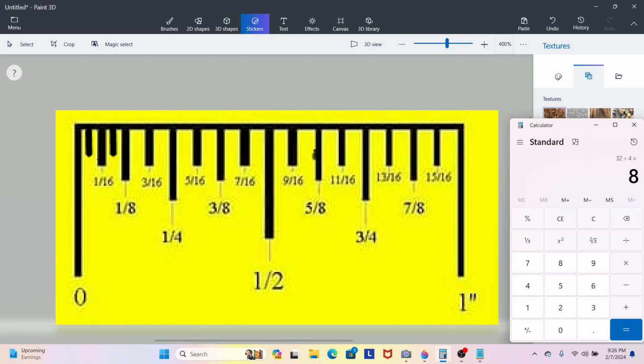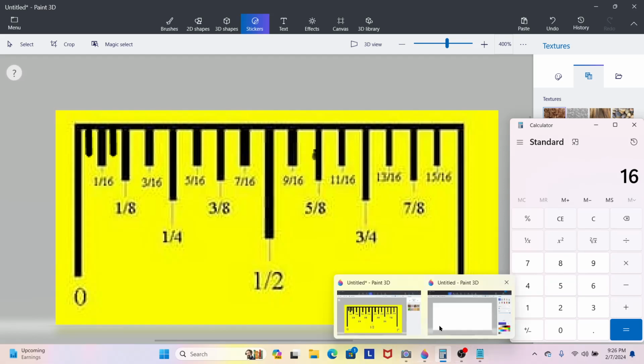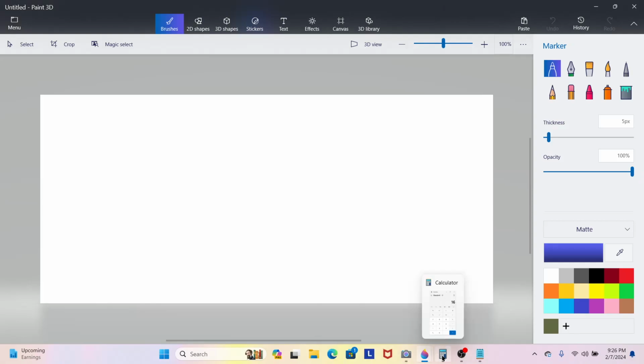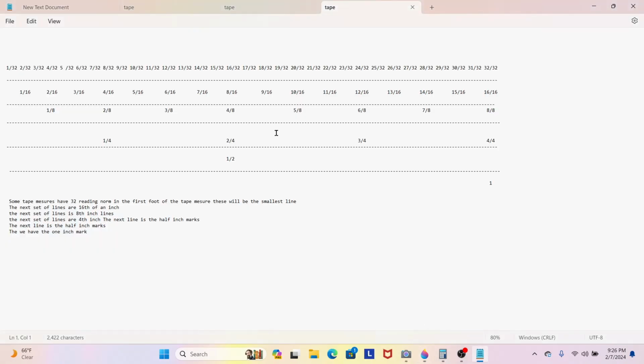And 16/32 is 1/2. So if we went 16/32, and we divided 16 by 2 and 32 by 2, you could reduce that, and it would come up with these longer reduction numbers. Let's go back over here. There it is.